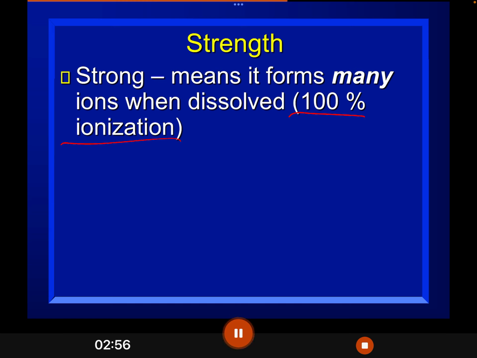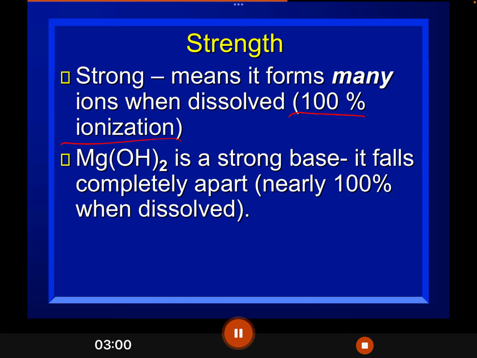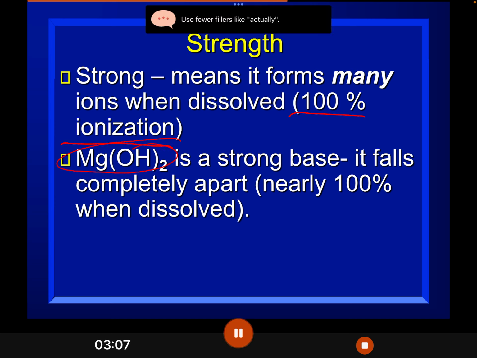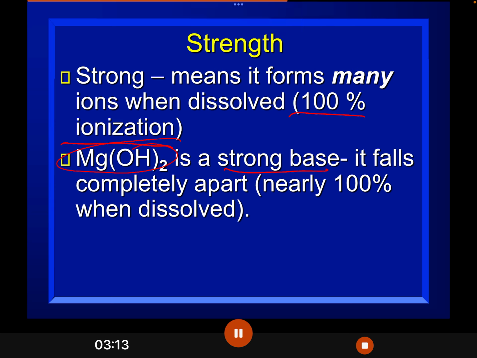Again, this is something we already had. Strong acids, 100% ionization. This one, actually, if you'll double check your periodic table, is not on your list as strong. It says it's a strong base. It falls completely apart when dissociated. And this one's sort of interesting because it is an Mg2+ and 2 OH-.